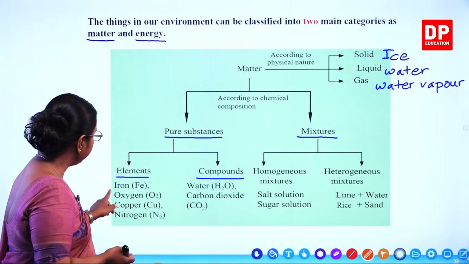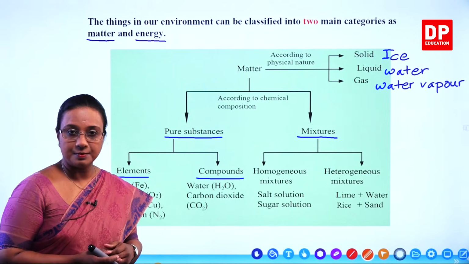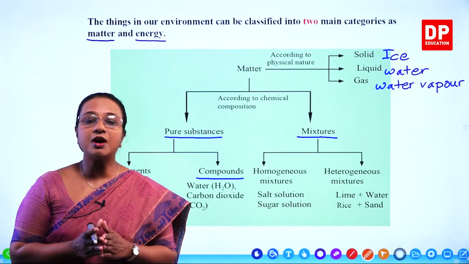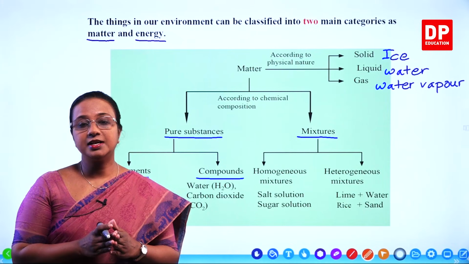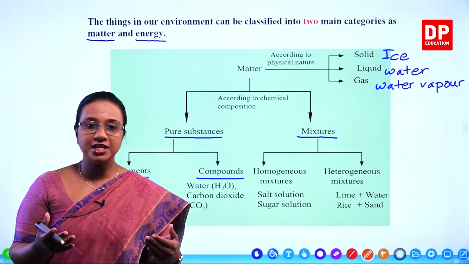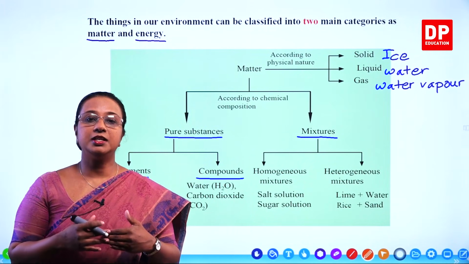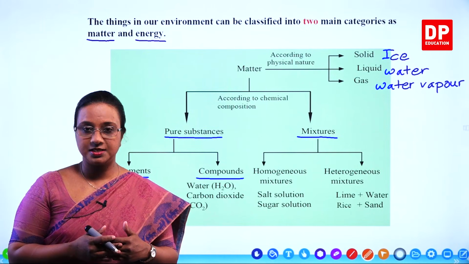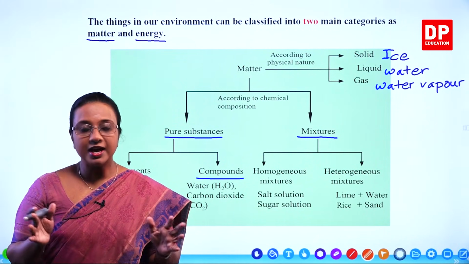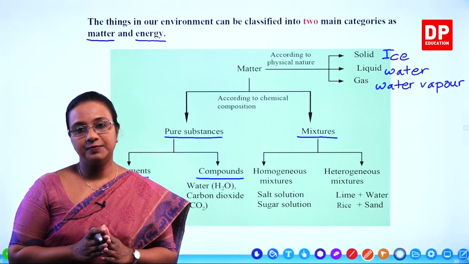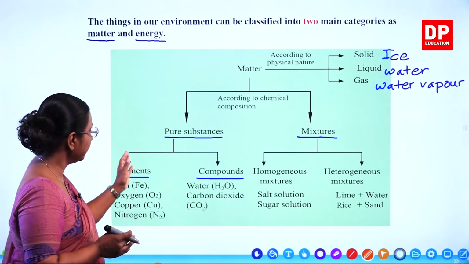That is, if we take iron as an example, you have a piece of iron rod. By applying a physical change or a chemical change, you can't convert it into a different substance that has specific properties. If you divide it, it's still going to be iron. Then it's known as an element.